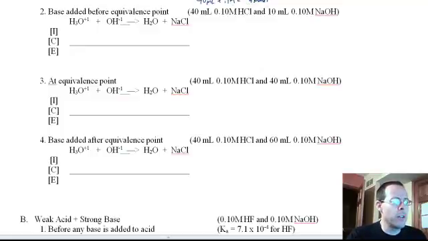So notice we're adding 40 milliliters of HCl and 10 milliliters of NaOH. So we're really going to divide that by 50 milliliters. And because we're dividing millimoles by milliliters, we're going to get molarity back. So in this case, we have a molarity of 0.08 molar HCl. And likewise, we're just going to divide our 10 times 0.1 divided by 50, and we're going to have 0.02 molar NaOH.